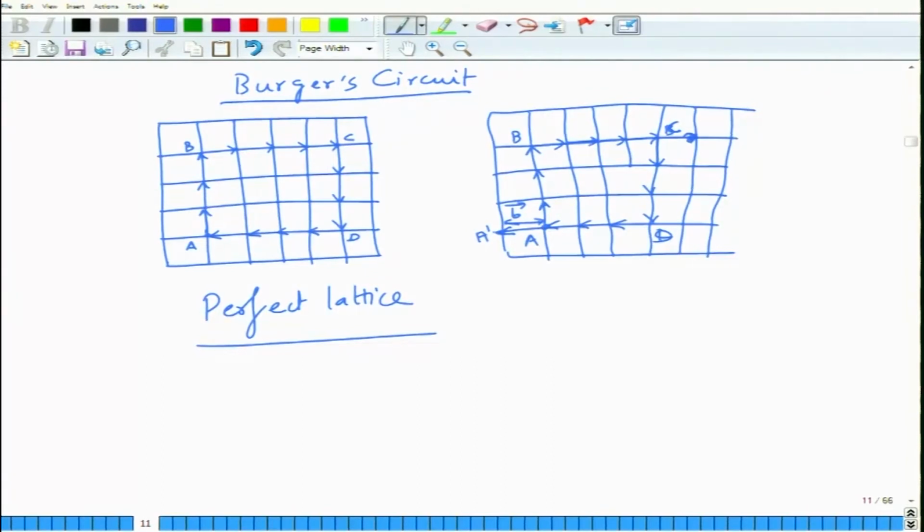The Burgers vector is perpendicular to the dislocation.